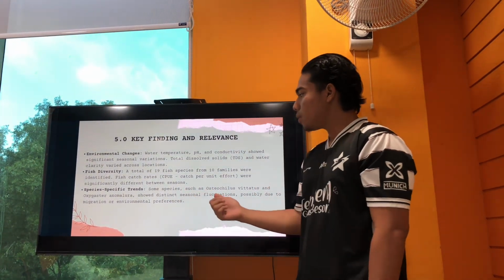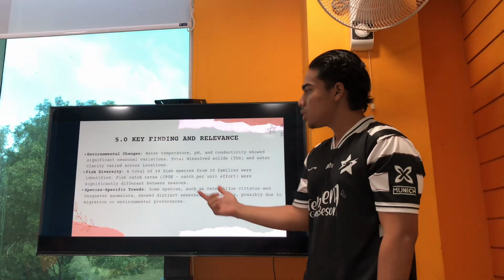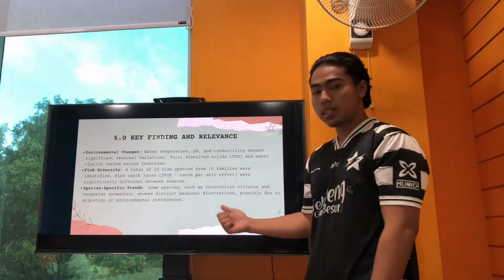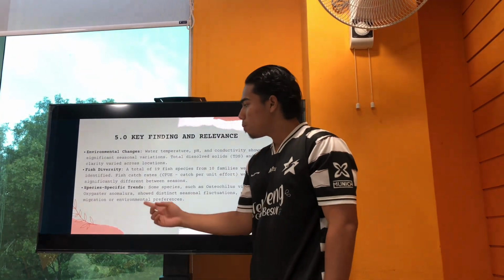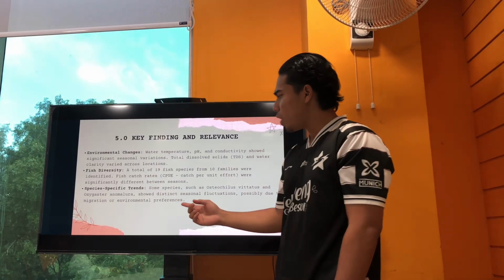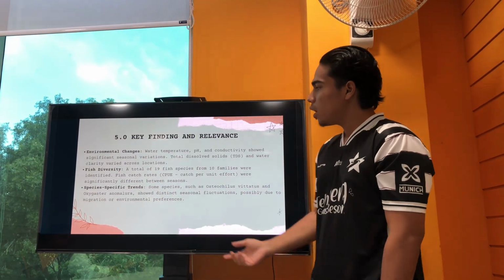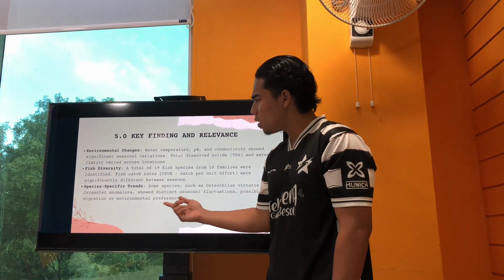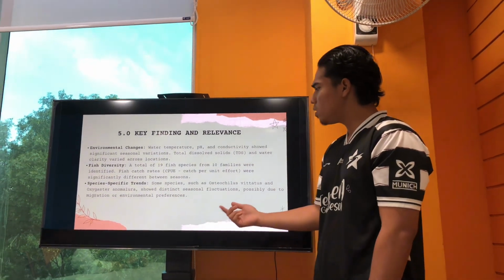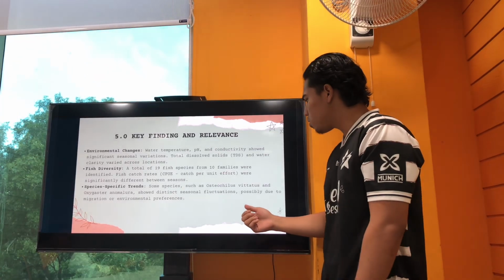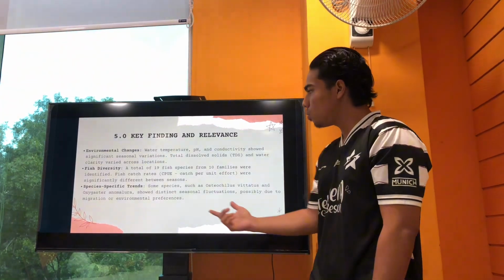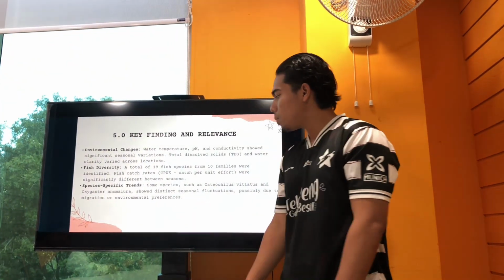Fish catch rates (CPUE) were significantly different between seasons. The third one is species-specific trends. Some species such as Osteochilus vittatus and Oxygaster anomalura show distinct seasonal fluctuation, possibly due to migration or environmental preference.